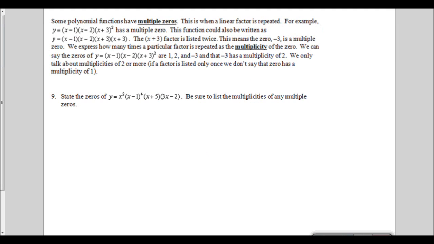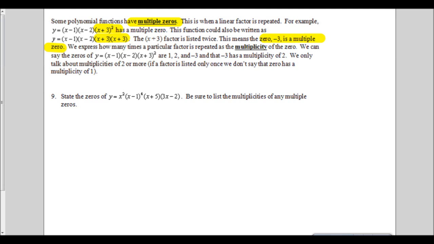Now, some polynomial functions have multiple zeros. This is when a linear factor is repeated. For example, in this function, y equals right here, there's a multiple 0. That x plus 3 factor could have been written twice as x plus 3 times x plus 3. This means that when you go to write your zeros, x equals -3 is a multiple 0.